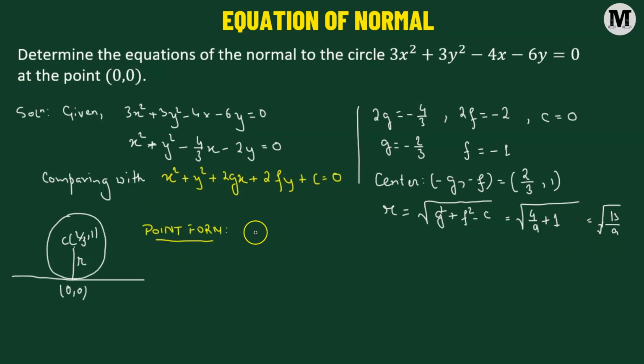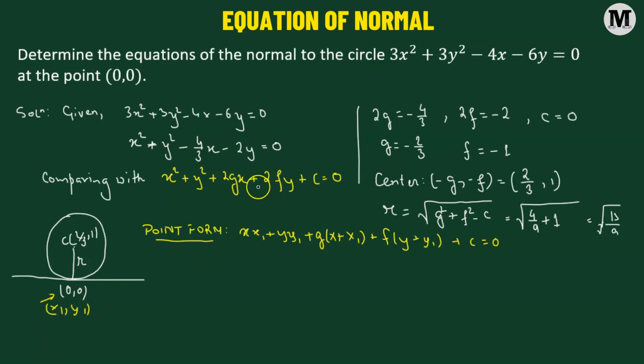The point form of a tangent is x times x1 plus y times y1 plus g times (x plus x1) plus f times (y plus y1) plus c equals 0. Here g, f and c are the same as those obtained from the equation of the circle, and x1 comma y1 corresponds to the point of contact, which is 0, 0 in our case.